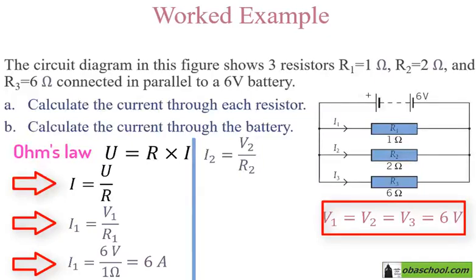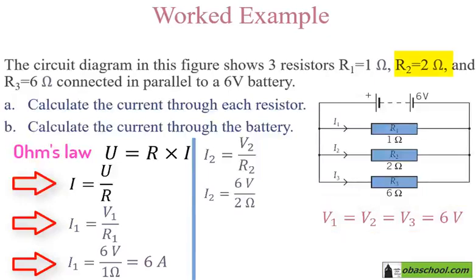So it's equal to 6 divided by the resistance of the second resistor given by the question. It's equal to 2 ohms. So I2 is equal to 6 divided by 2 gives an answer of 3 amperes.